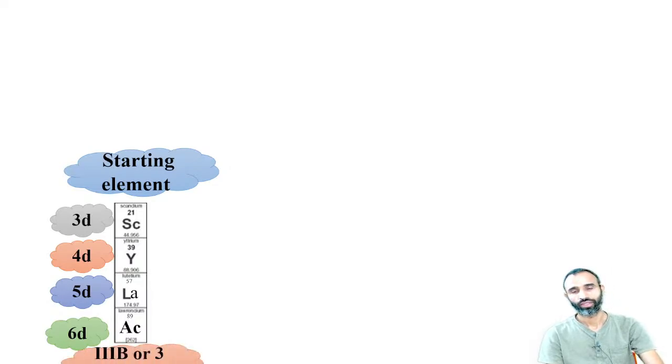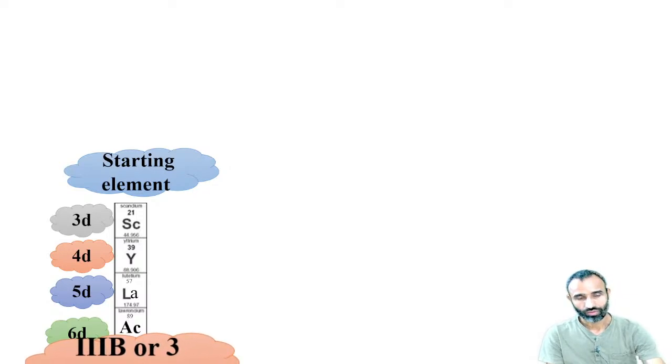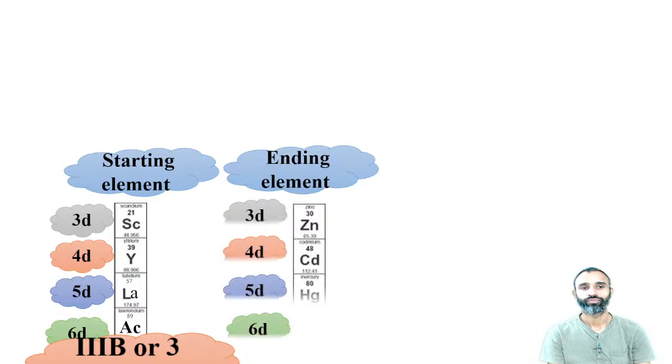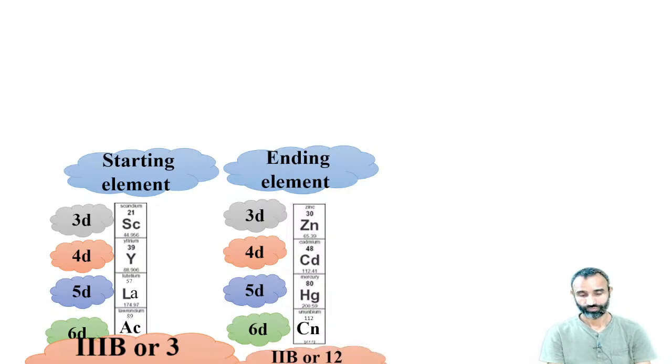These are in group 3B, or we can say group 3. The ending elements are zinc, cadmium, mercury and copernicium, and that is group 12 or 2B.